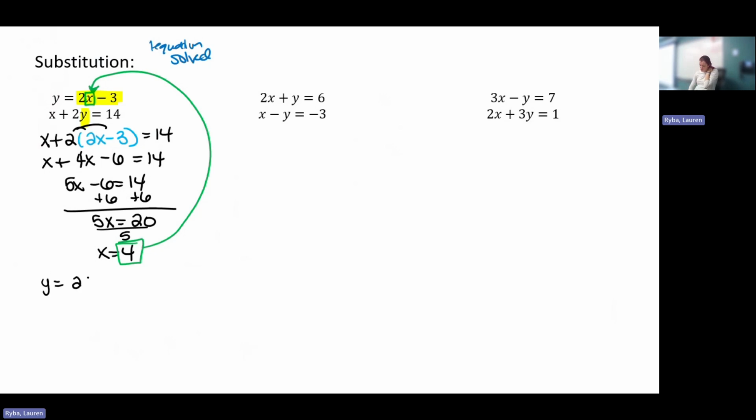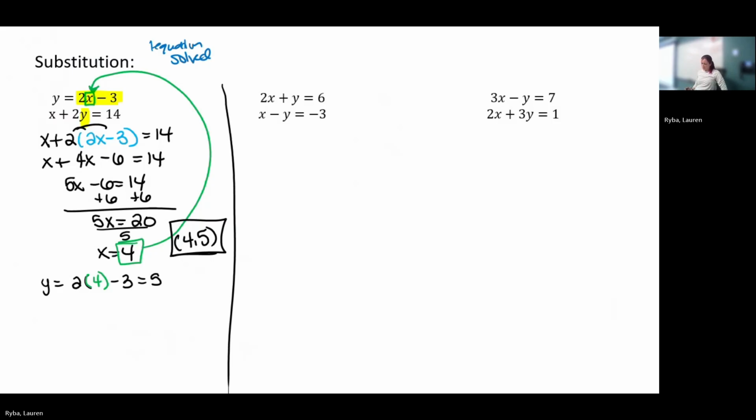So y equals 2 times 4, because that's what x equals, minus 3. Well, 2 times 4 is 8. 8 minus 3 is 5. So final answer, 4, 5. Guys remember doing this?